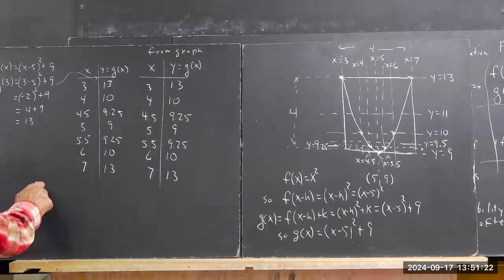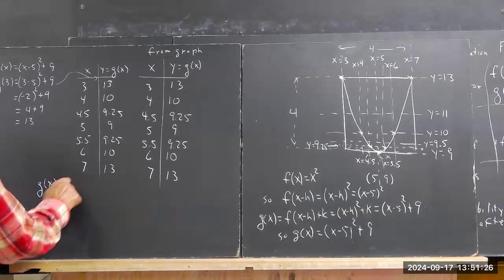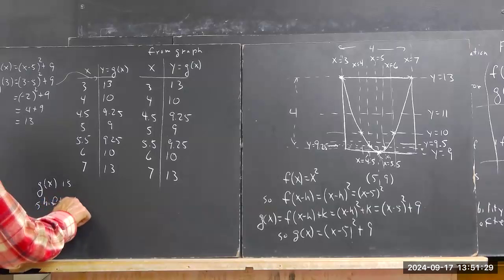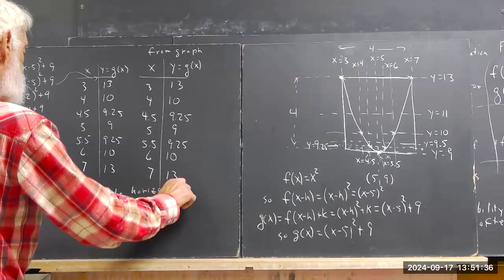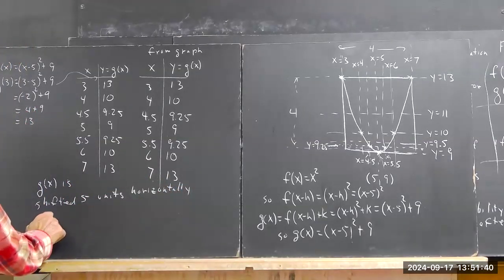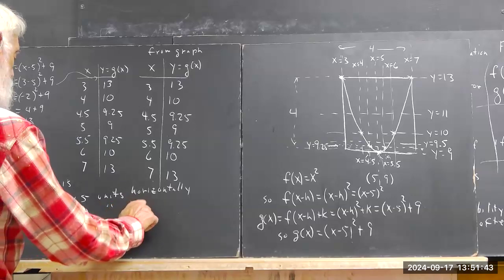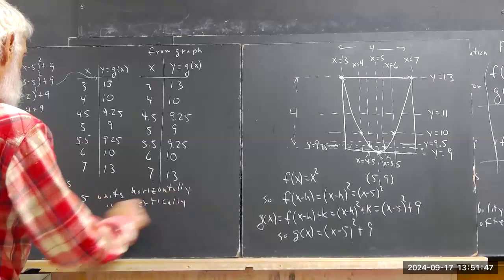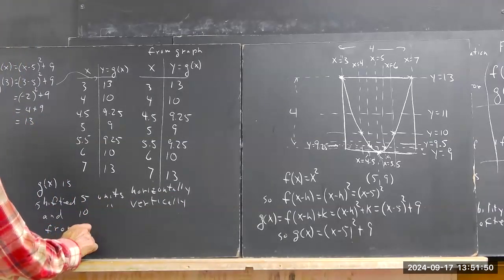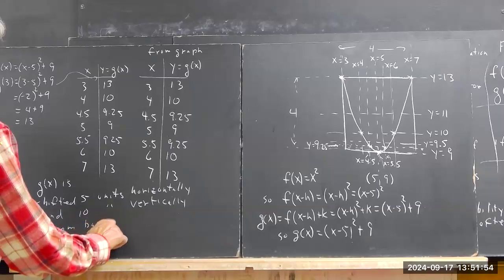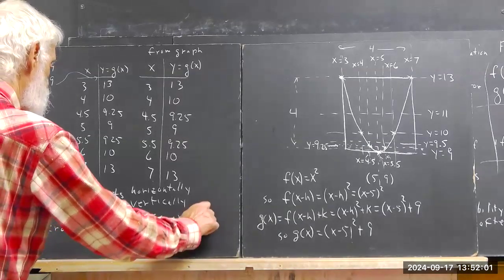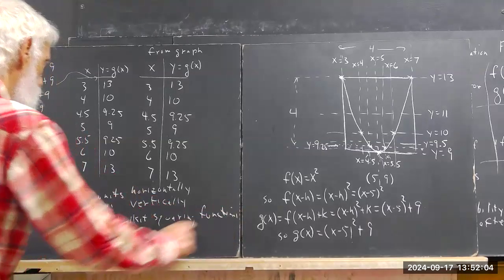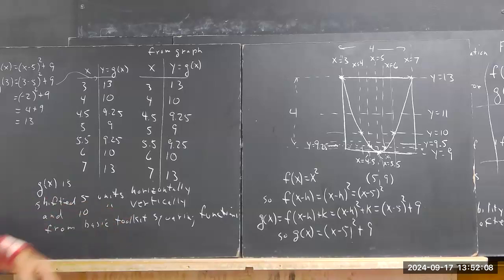Okay, note that this graph is shifted 5 units horizontally, 9 units vertically from the basic toolkit squaring function.